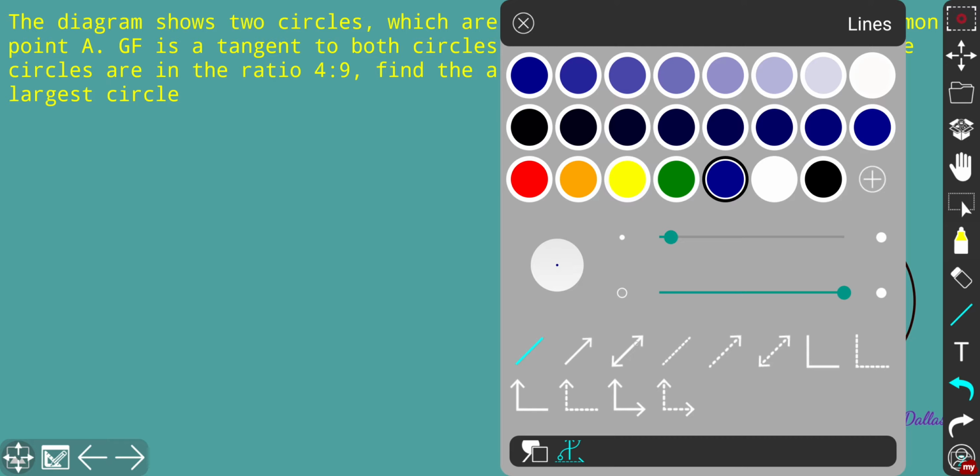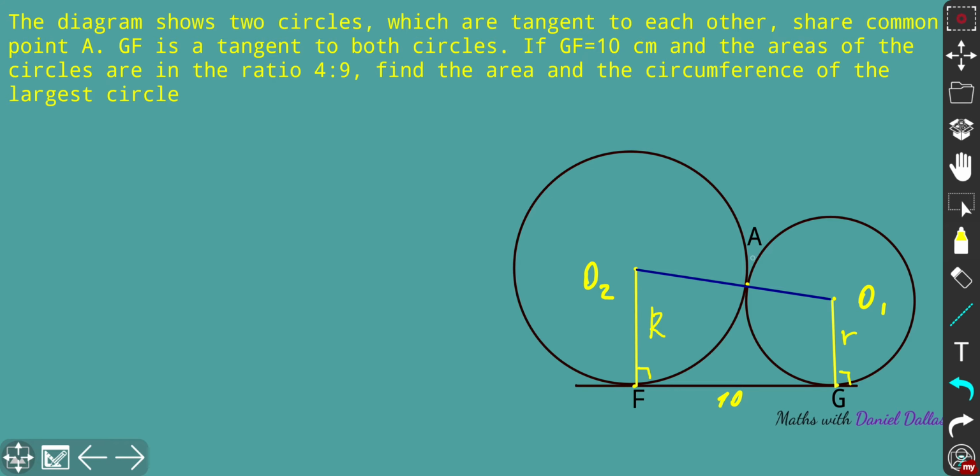Because if you put the tangent line that goes through the point A, which is a common one, both radii, the big one, which is R, and the small one, which is r, are going to be perpendicular to this common line.